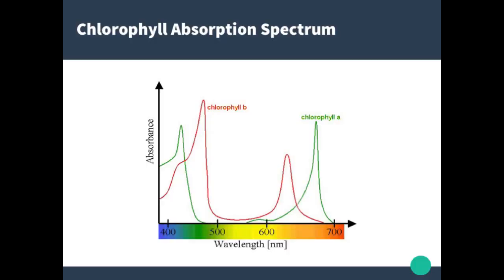Here's the classic example of that. This is a chlorophyll absorption spectrum. Chlorophyll, of course, is the molecule that allows plants to turn sunlight and carbon dioxide into sugars and oxygen.